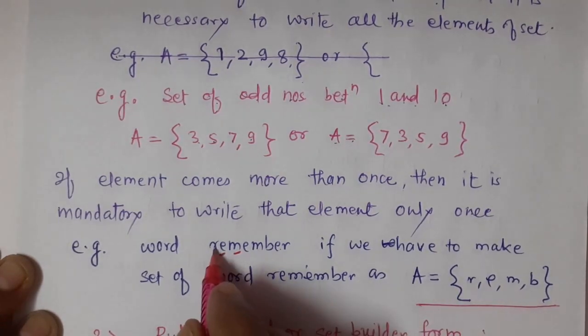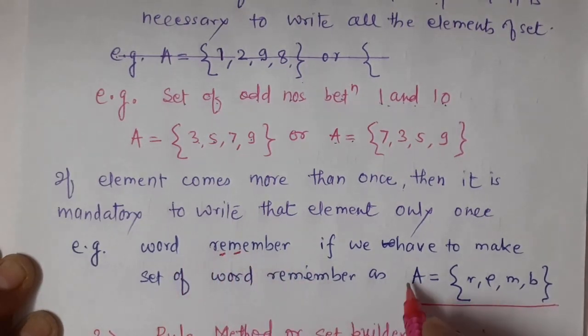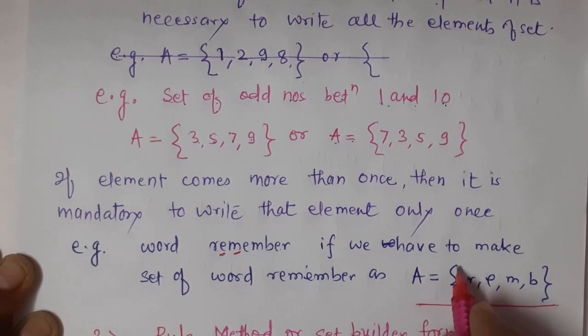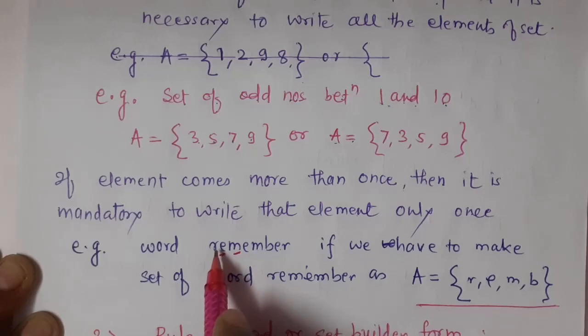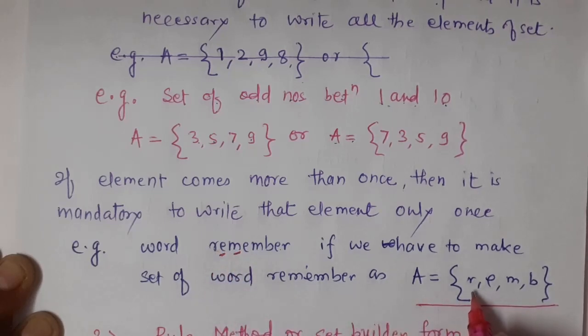So if I have to write the set of the word remember, then I write A is equal to, in brackets, R, E, M, B, because all these are the alphabets comprised in this word remember. No letter should be repeated in this set.